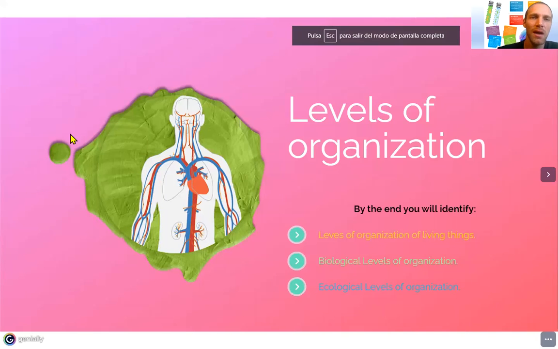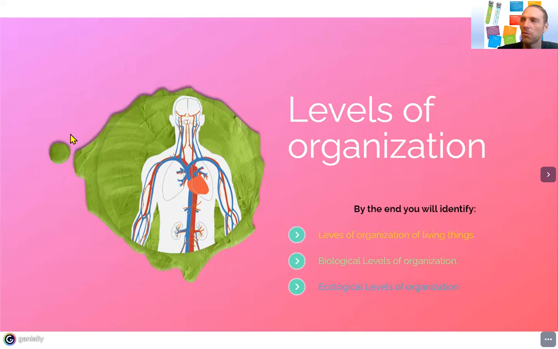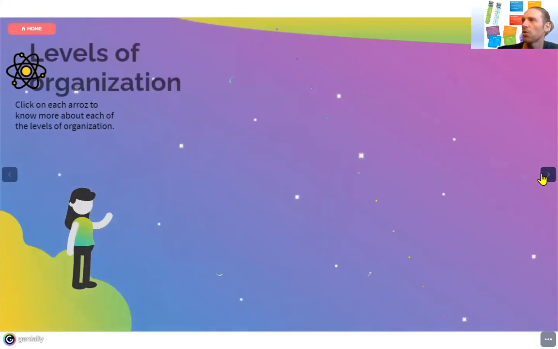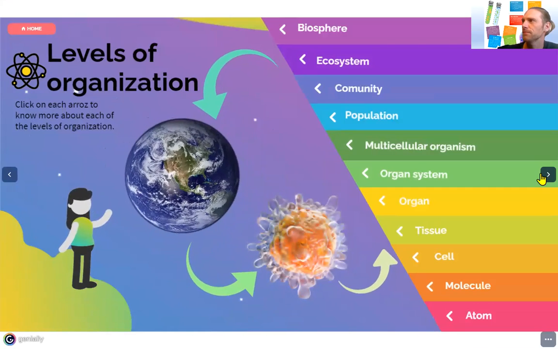Okay, it's very simple, in fact, but it's important that we do this because the level of organization is not only to divide biology in different parts, it's also different levels of study and different professions, as you will see.